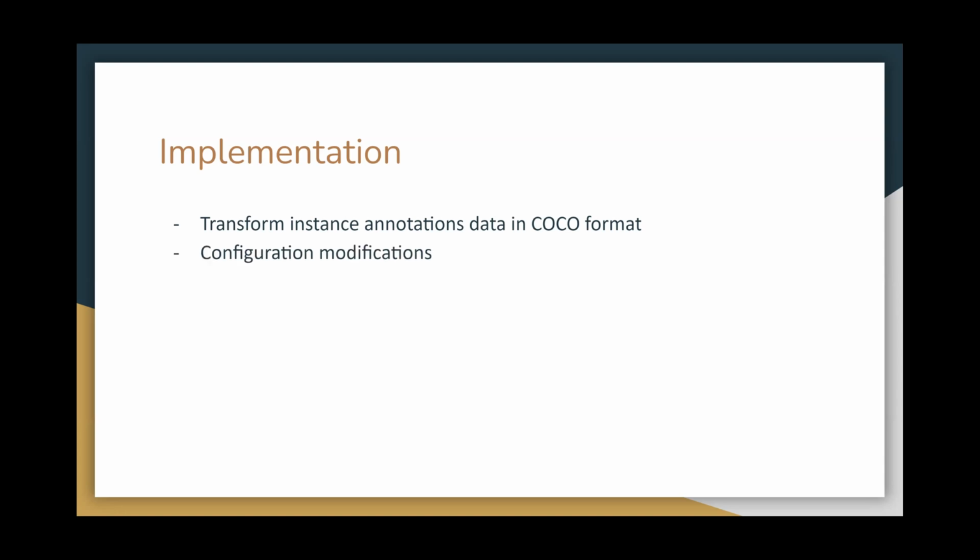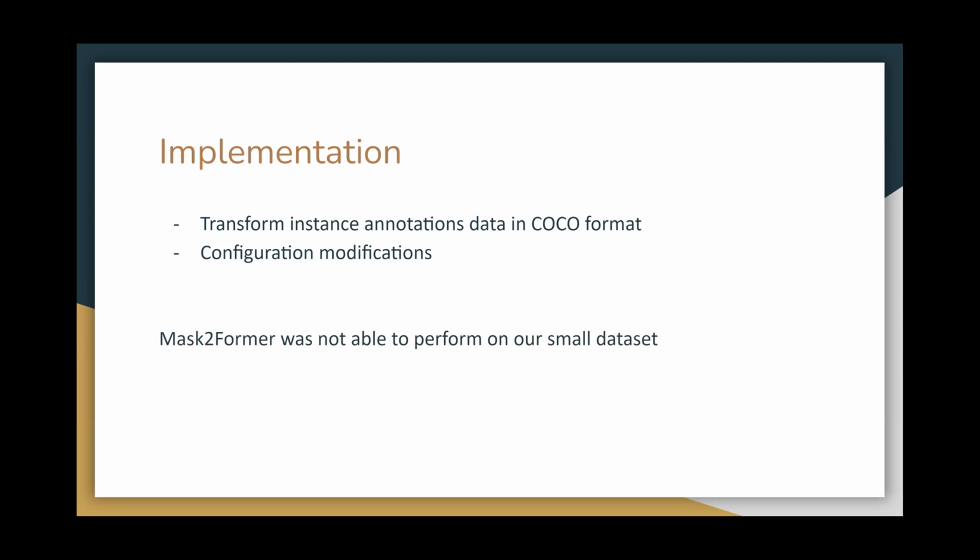Now to go into our actual implementation of the refined Mask Transformer, what we did is we transformed our dataset into a COCO format, and then we started modifying the different aspects that we wanted to. The problem is when we ran the model, on the changed Mask Transformer based on local attention, but also on the original one, it was the same problem.